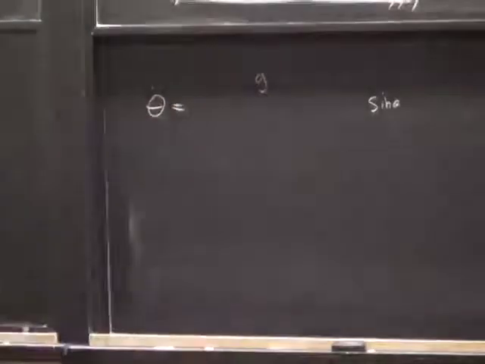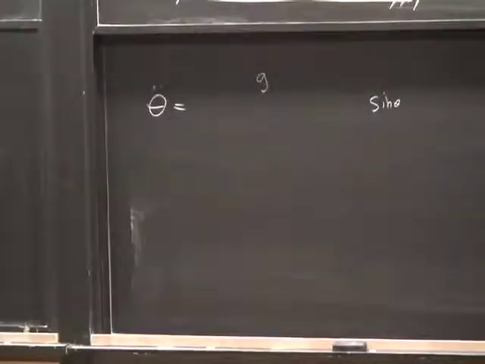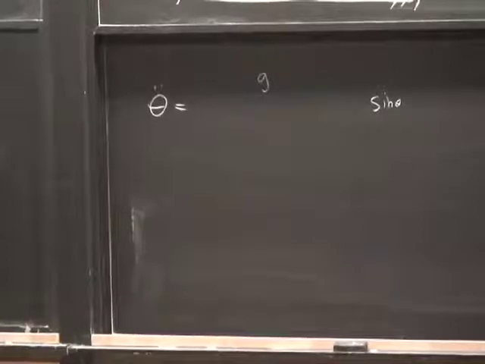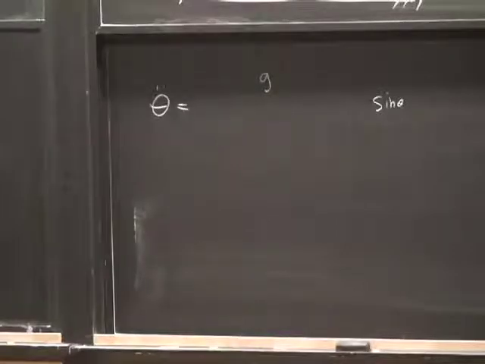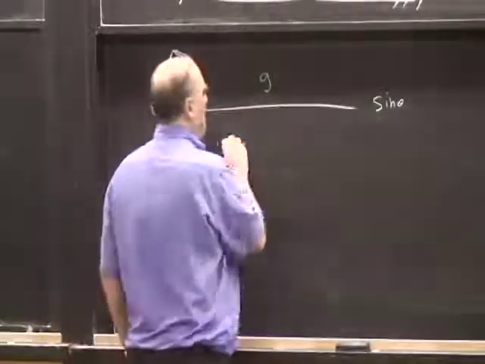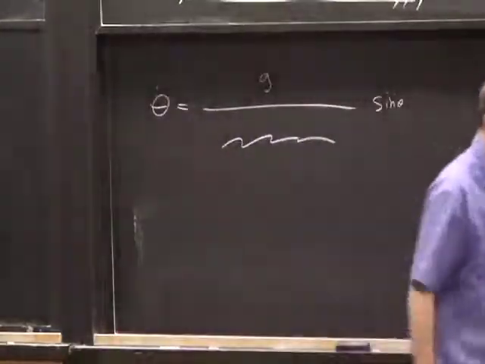And then I can bring the r to the other side there, and I have g sine theta, and I can divide through by m. So then I have g over some mess here, which you can figure out. Okay, any questions?